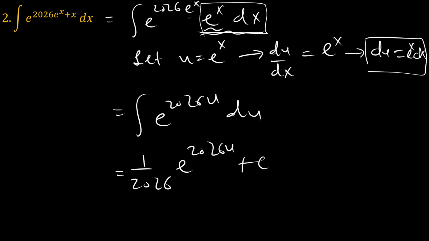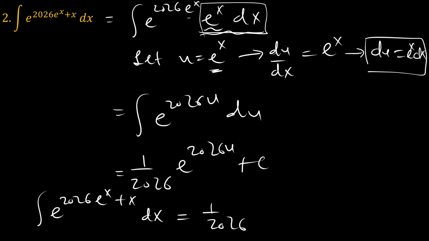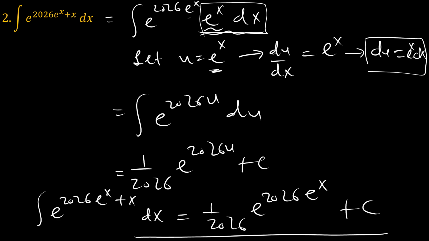And since u is equal to e to the x, we can now say that our problem, the integral of e to the power 2026 e to the power x times e to the x, the answer is 1 over 2026 e to the power 2026 e to the power x plus the integration constant. And this, ladies and gentlemen, is the answer. Very easy and straight to the point.